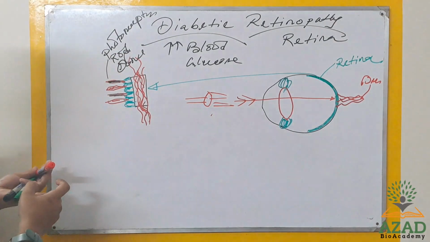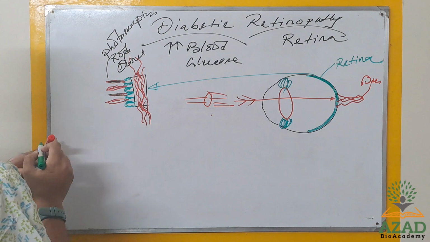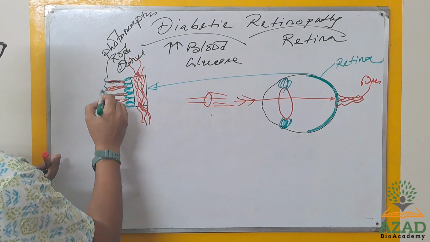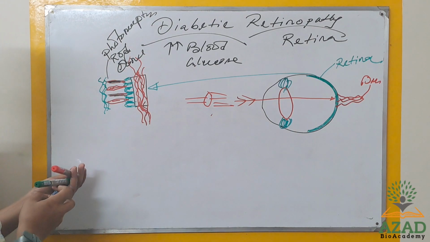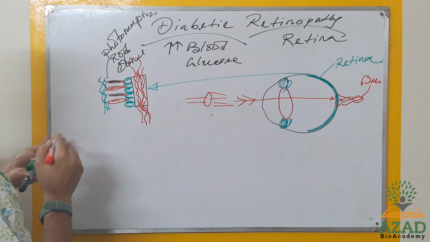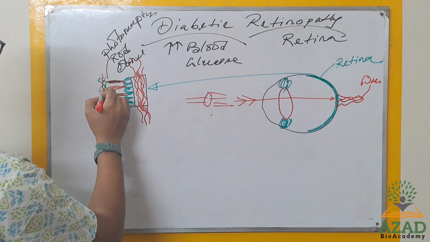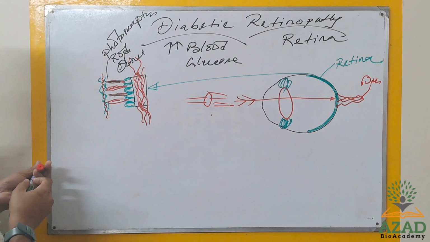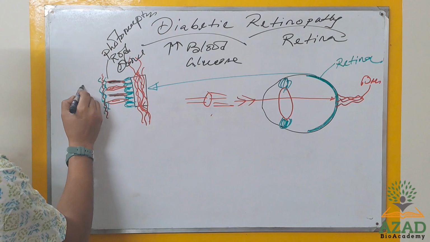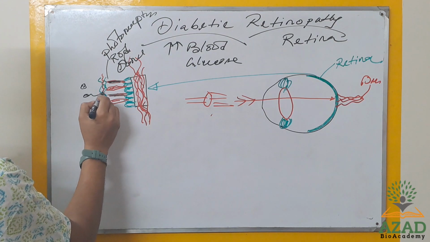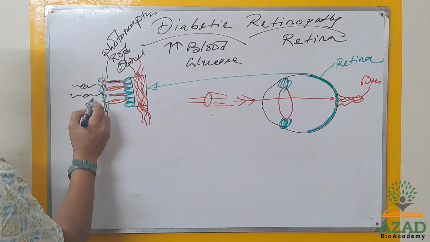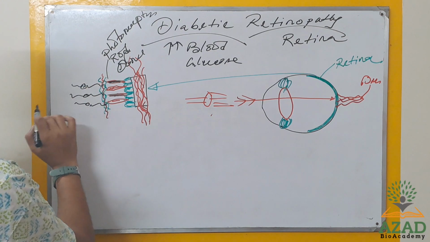And then some horizontal cells are there, with different names, but I will not go into the details. Here it can carry some blood vessels, and then here some bipolar cells.